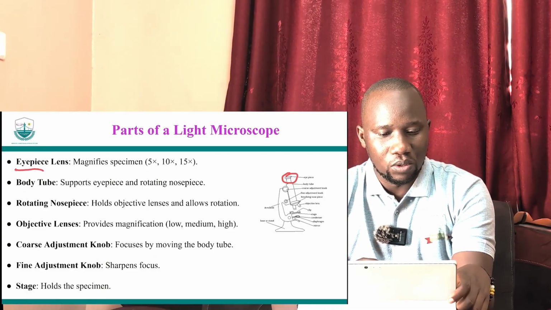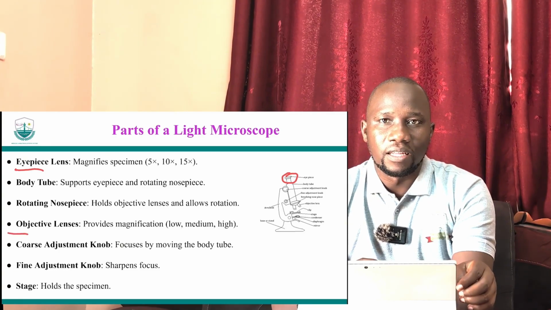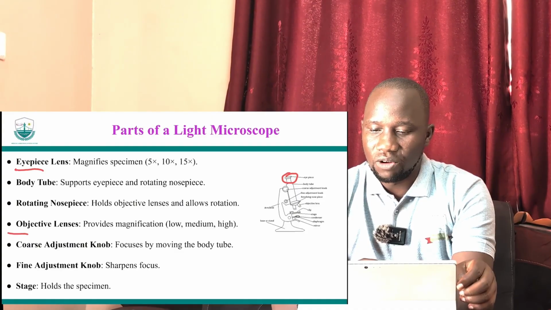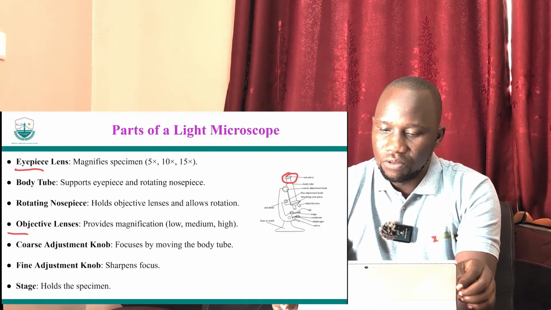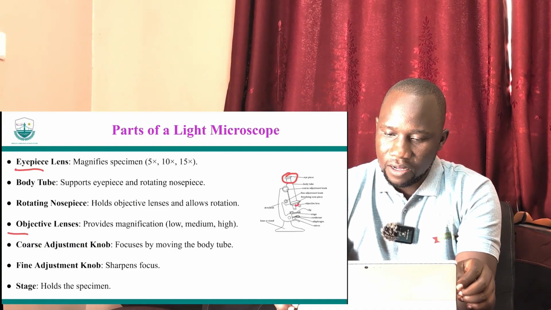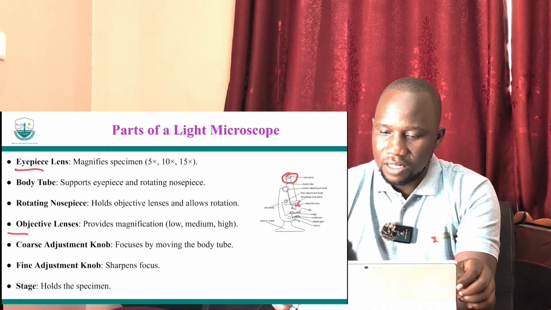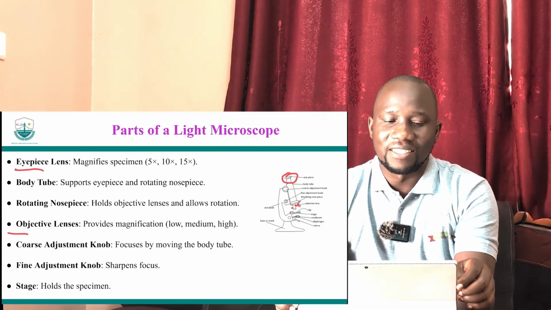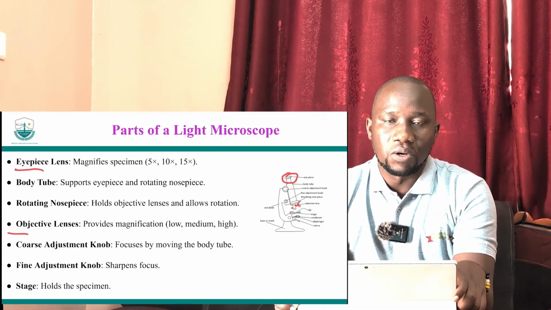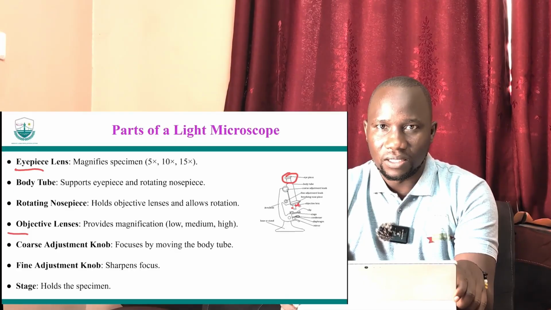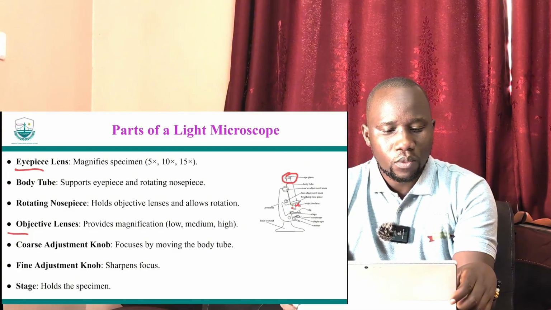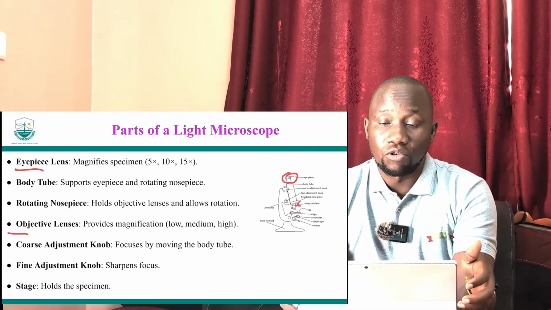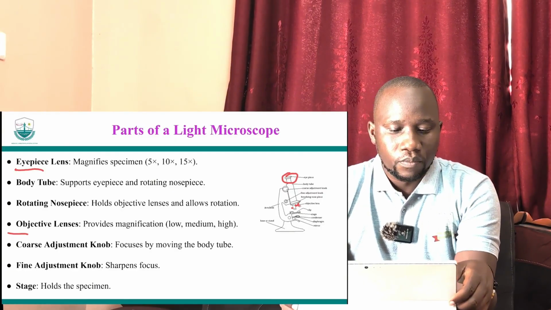With the light microscope, you have another lens, which we call the objective lenses. We say objective lenses because, if you see here, there can be 2 or even 3 lenses there. That's why we call them objective lenses, especially for a compound microscope.